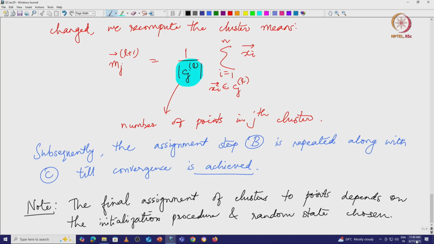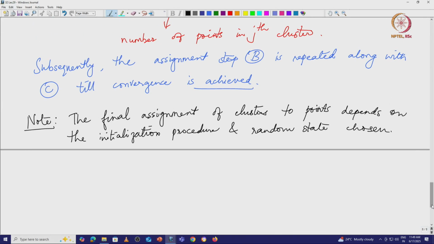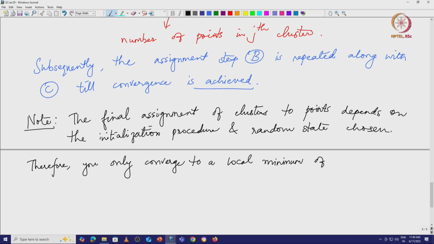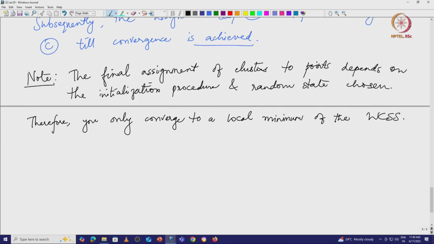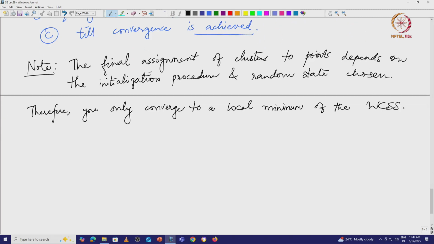So, essentially you find only a local minimum of the within cluster sum of squares. Therefore, you only converge to a local minimum of the within cluster sum of squares, and this leads to some degree of randomness in the machine learning model, in this unsupervised learning.